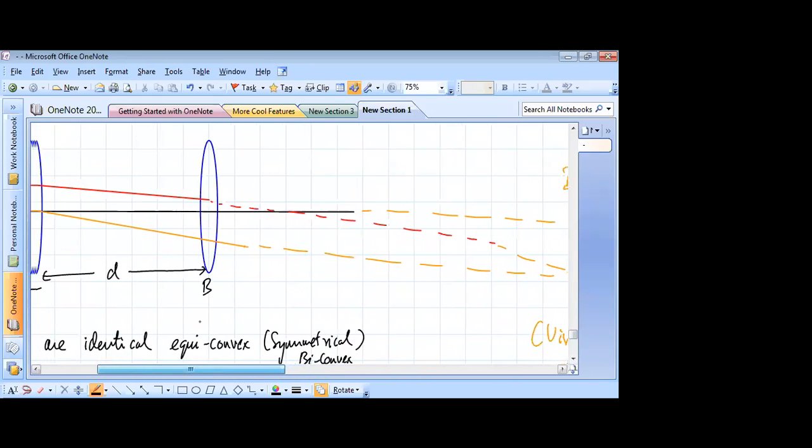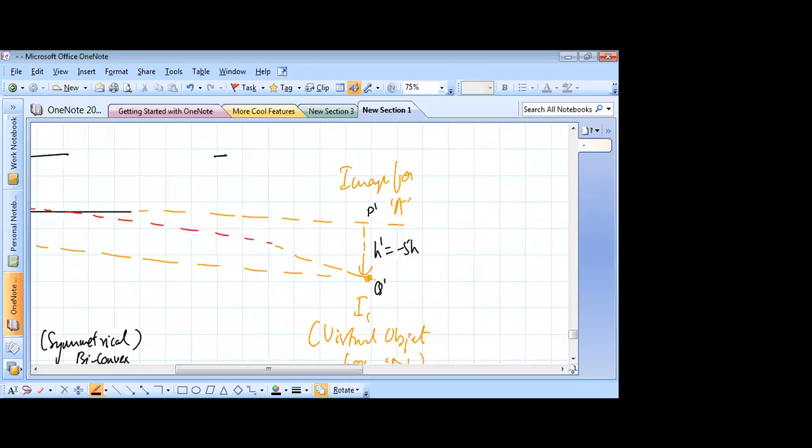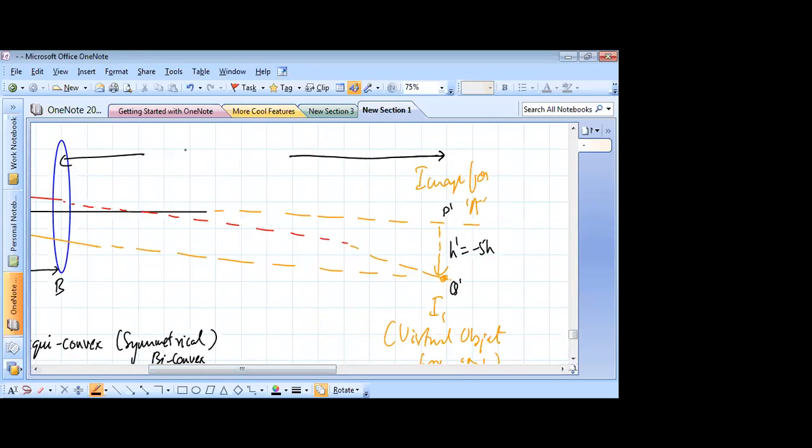So as you can see, this distance now will become how much? It will be 300 minus D, where D we had taken as 60. So 240 centimeters.